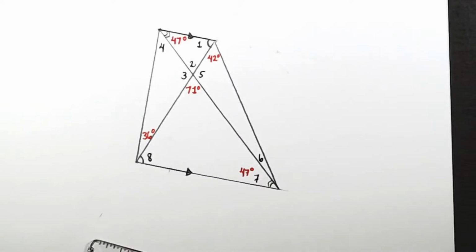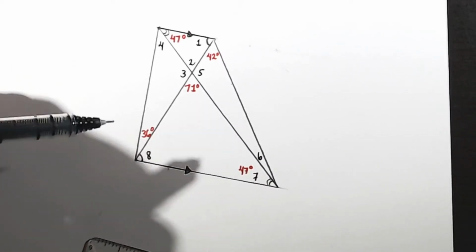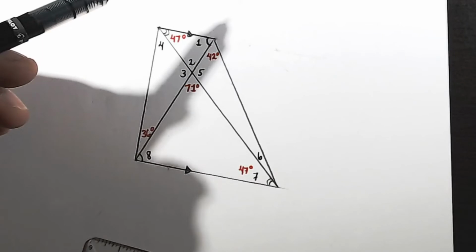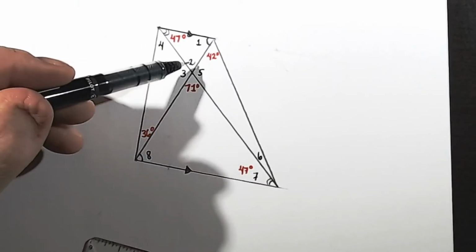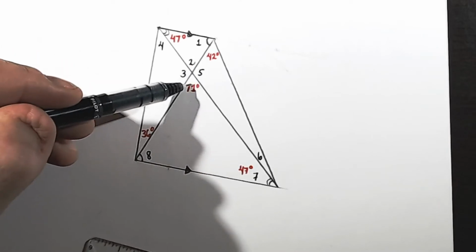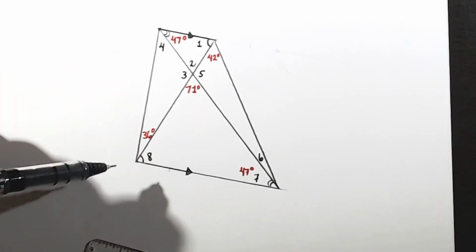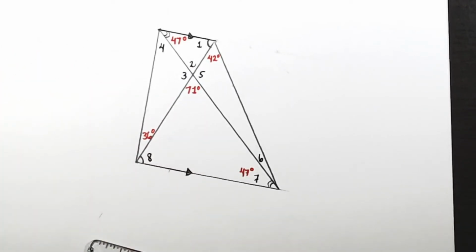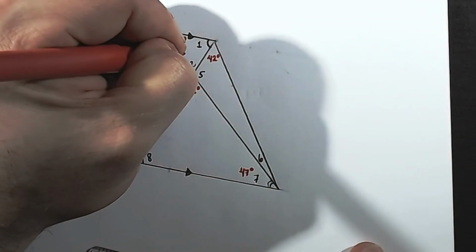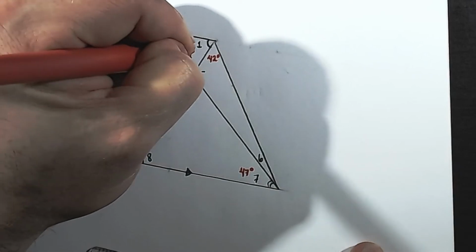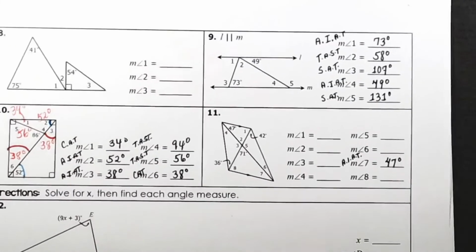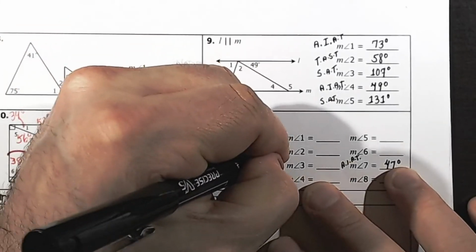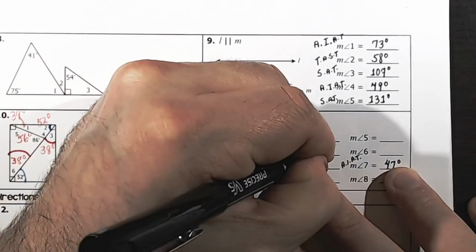Okay, let's go back to the picture. We have, in the middle of this picture, vertical angles. Angle 2 is vertical angle with angle 71. So by the vertical angles theorem, angle 2 is 71 degrees. We can mark that. Angle 2 by the vertical angles theorem is 71 degrees.